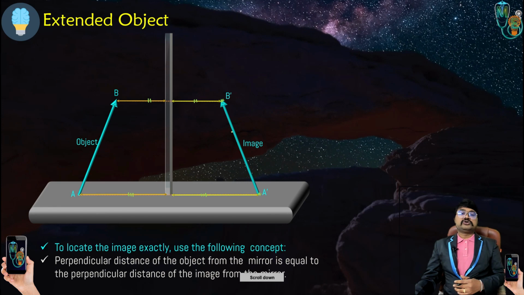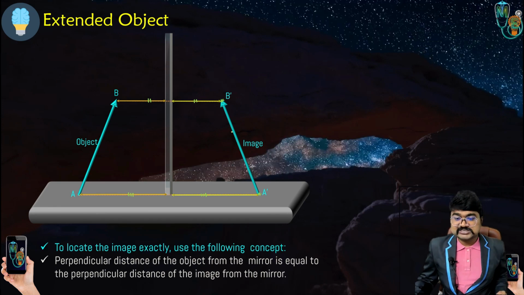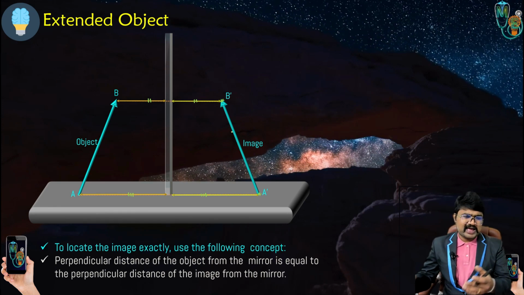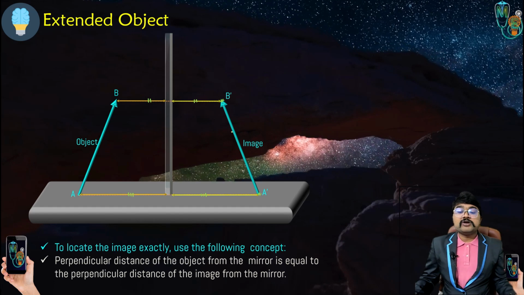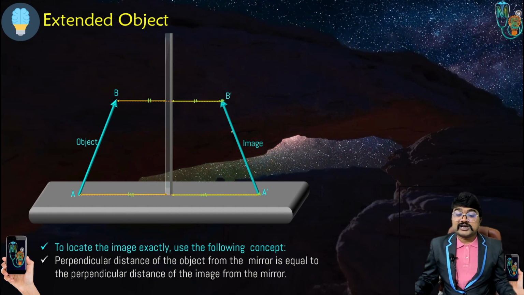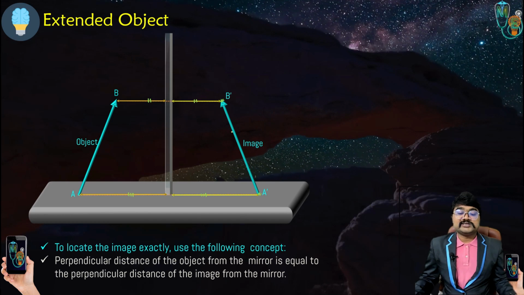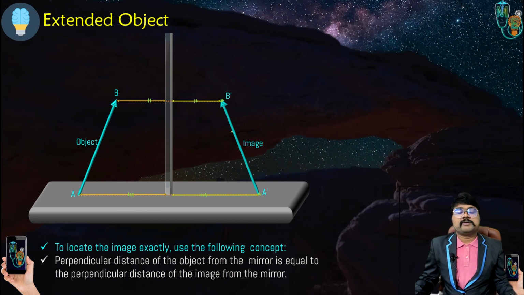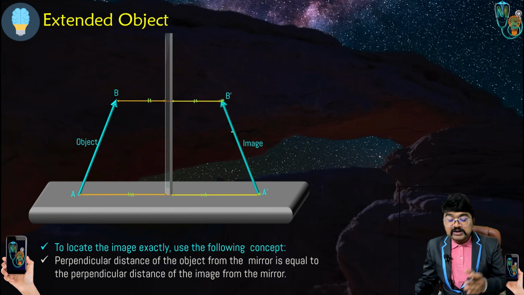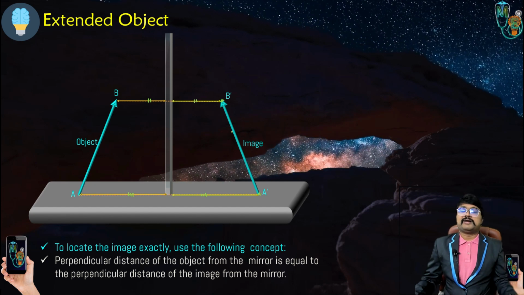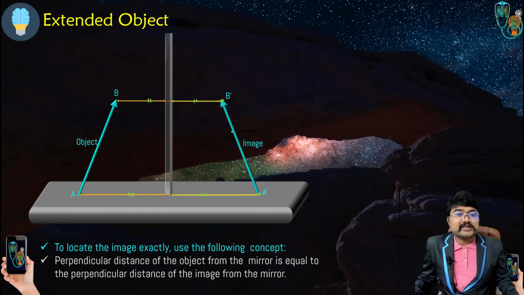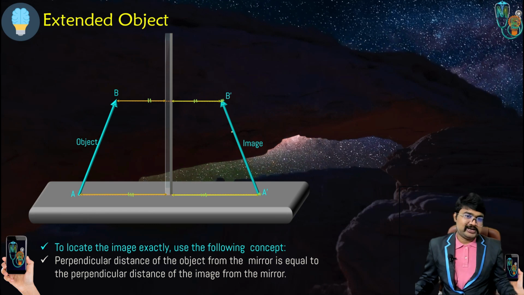Understood now? So to locate the image exactly, use the following concept. I already explained it. Perpendicular distance of the object from the mirror is equal to perpendicular distance of the image from the mirror. Understood now? Mirror is the perpendicular bisector of the line joining the point object and point image.